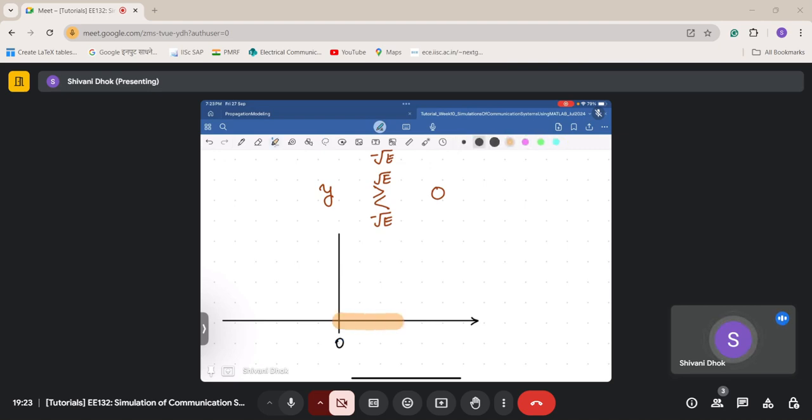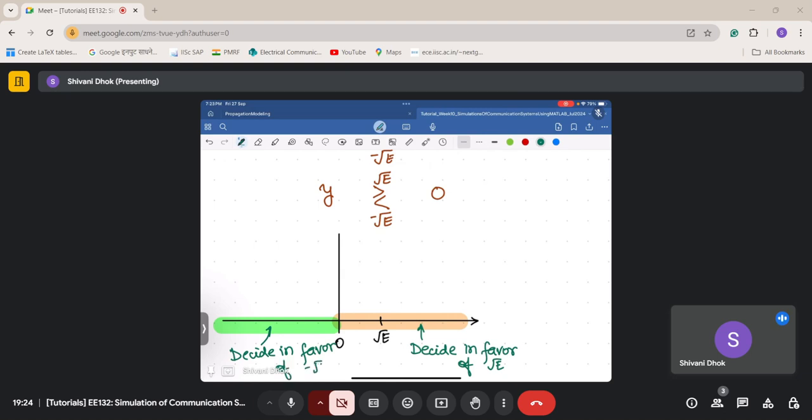So what is happening is, in this region, let's say I have root E here, in this region decide in favor of root E, and in this region decide in favor of minus root E. And this is your minus root E.